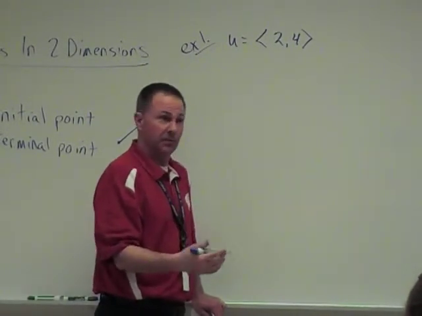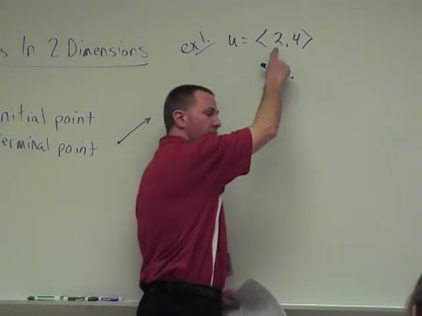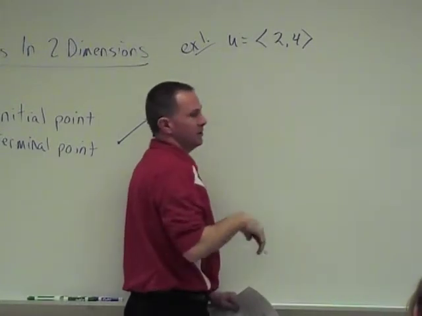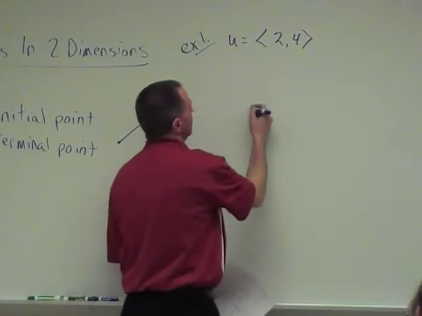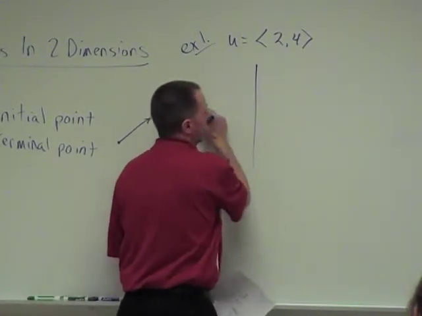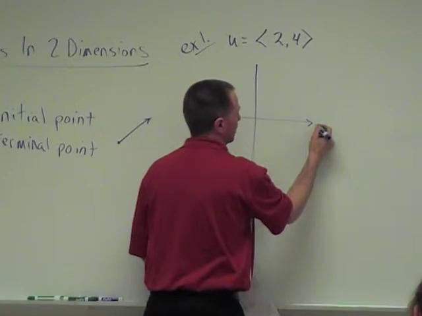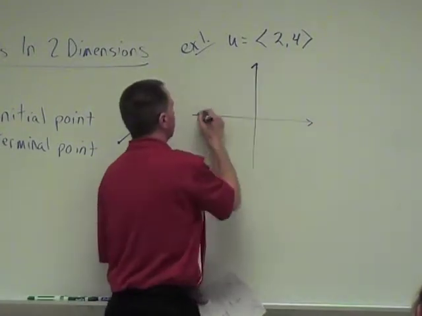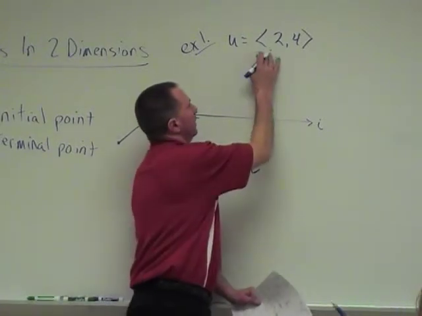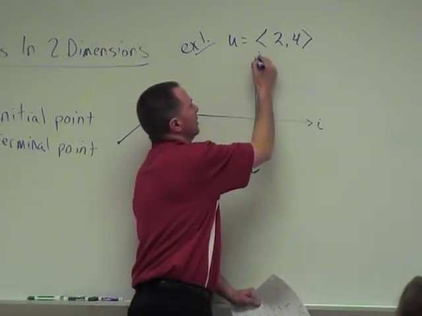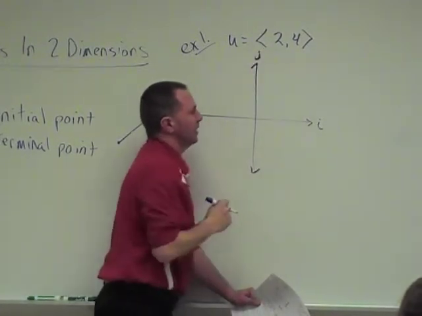It's like slope. The x value, the first value, is your horizontal movement, and the y value is your vertical movement. So unless I give you an initial starting point, you're going to assume you started at the origin.